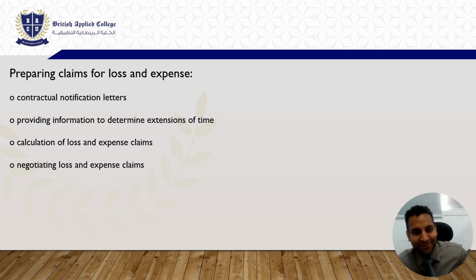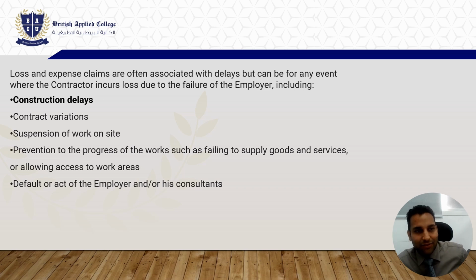So losses and expenses claims are generally because of construction delays. Contract variation is also one of the causes of construction delays I have just talked about.